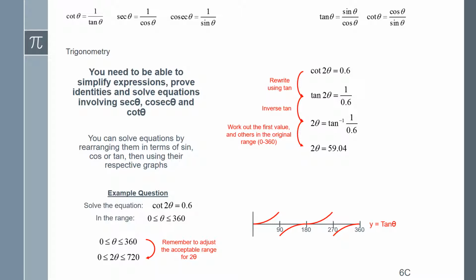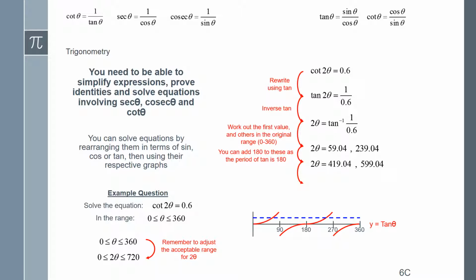And then we can draw our tan graph and find if we got one answer at 59.04 degrees, then there's another answer at 239.04 degrees, 180 plus 59.04. And there's also answers at 419, because tan repeats every 180, and 599.04.